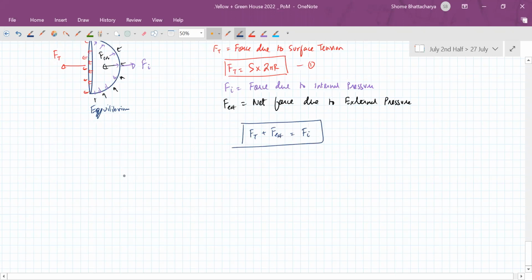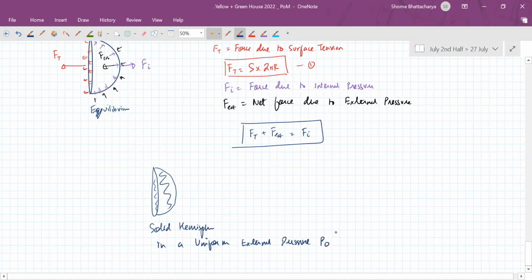Now, this force due to internal pressure, there's one way to calculate it, or the force due to external pressure for that matter. Separately, if we imagine a solid hemisphere, not a hollow hemispherical shell, but a solid hemisphere in a uniform external pressure field. Okay.